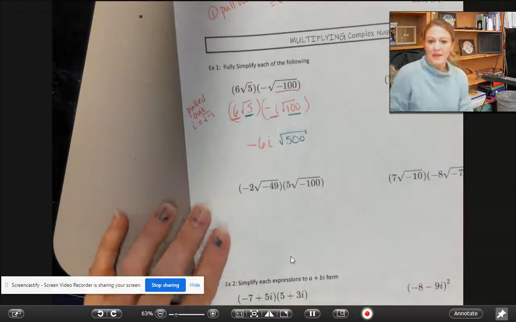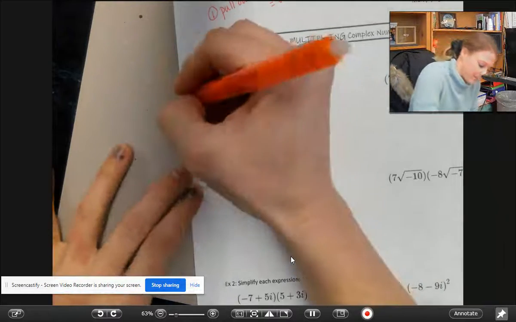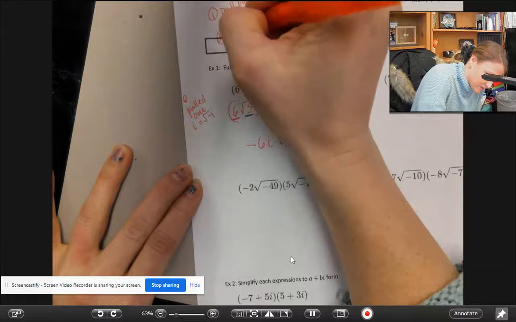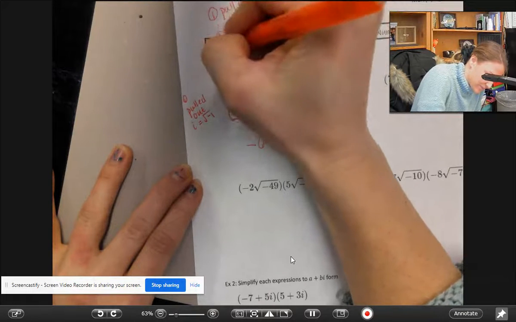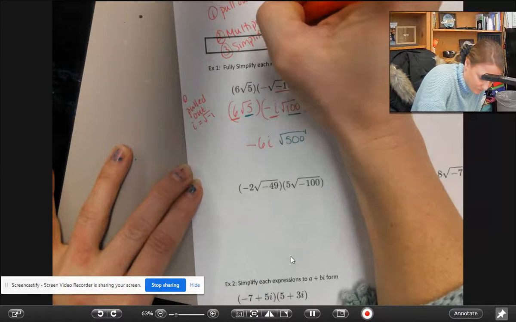So we pulled out the i, we multiplied, so 1, pull out the i, 2, multiply, and then 3, simplify. And by simplify, I mean birthday cake.